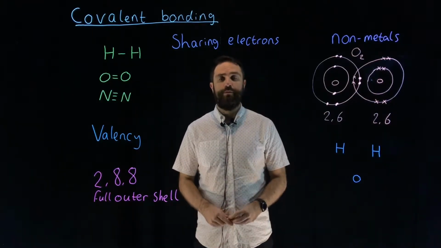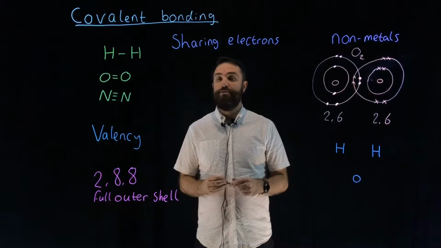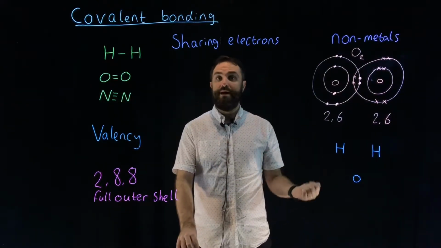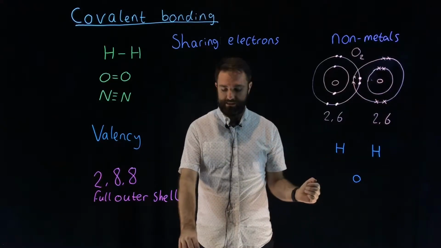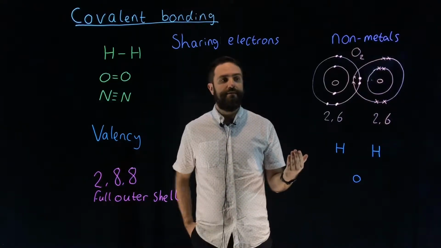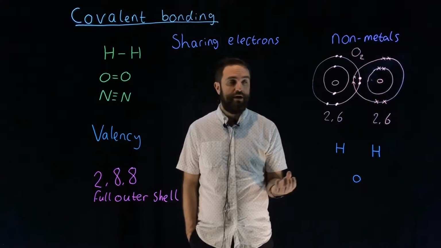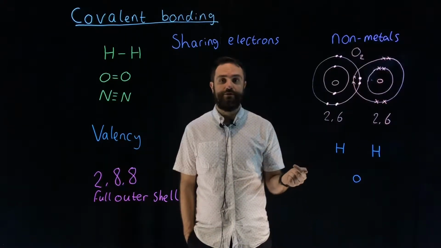But what if we want to bond a non-metal with another non-metal? Well, non-metals, except the noble gases, of course, when they form ions, they form negative ions. That means that they gain electrons.